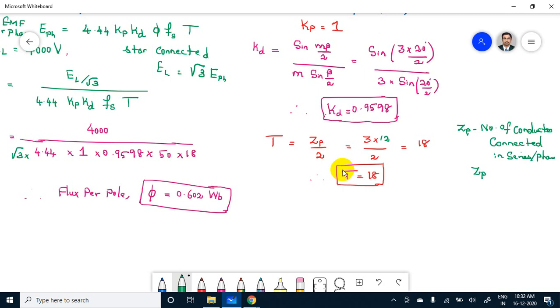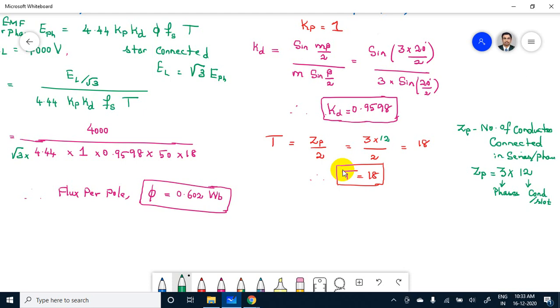So ZP equal to 3 into 12. The 3 is the number of phases, R, Y, B, which are connected in series, and 12 is the number of conductors per slot.